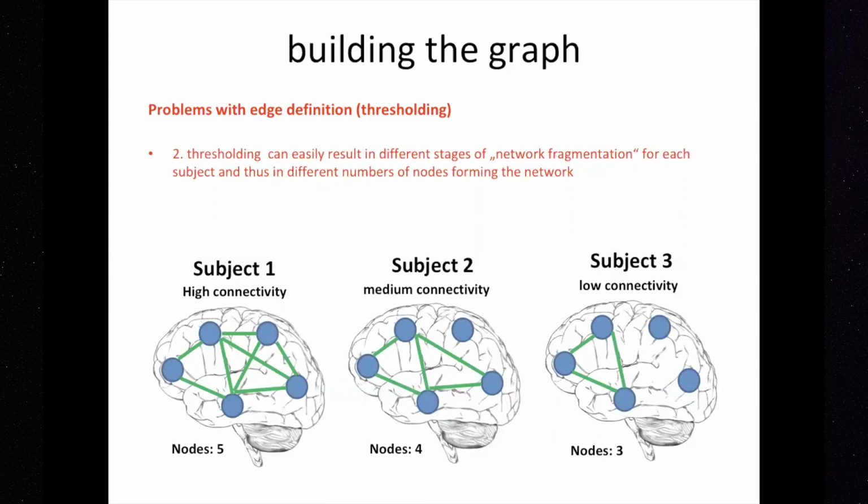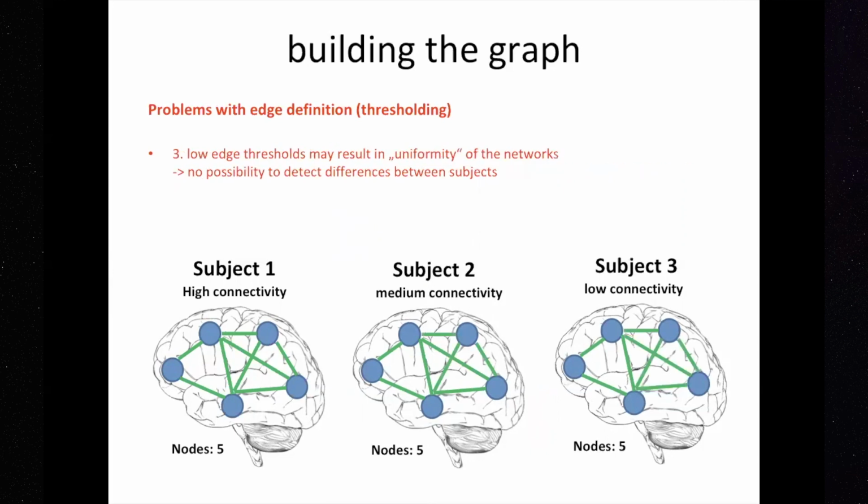There are only 3 nodes kept in the network, and then you're comparing apples and oranges, because graph theoretic metrics on a network with 3 nodes are not the same as computing the same metric on a network with 5 nodes, right? And you also couldn't make inferences about the nodes which wouldn't have any connection to the rest of the network. So this would be a definite problem for you.